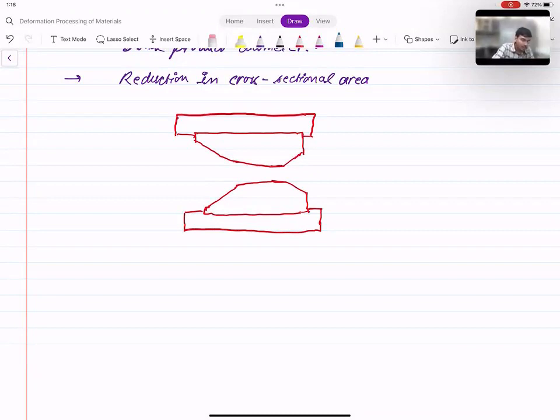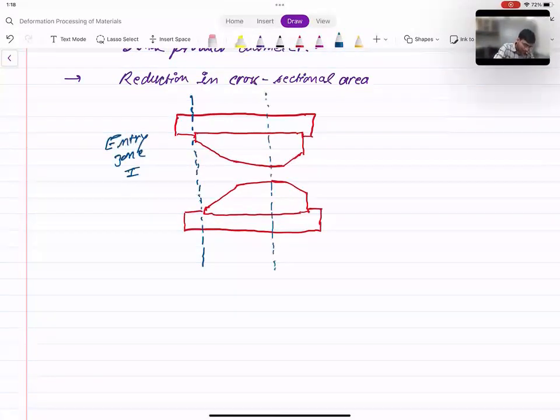First will be the entry zone, here. Then comes the approach zone.